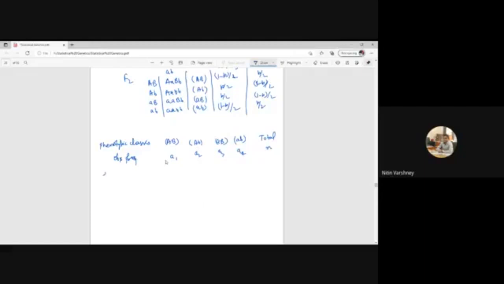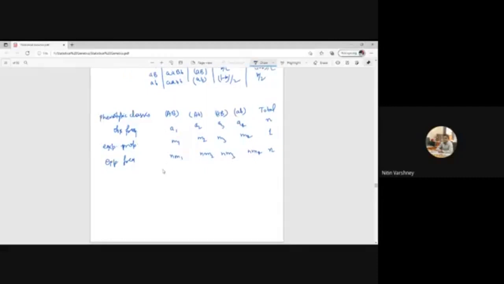The expected proportions will be m1, m2, m3, m4, and their sum will be 1. The expected frequencies will be n m1, n m2, n m3 and n m4, so this sum will be n.